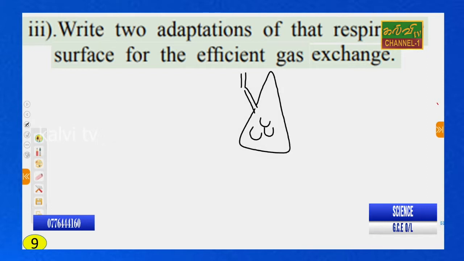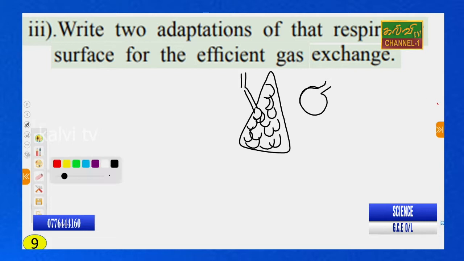Inside we find so many alveoli, small bags. When you take one alveolus, we find the surface fully covered by capillaries around the alveoli.